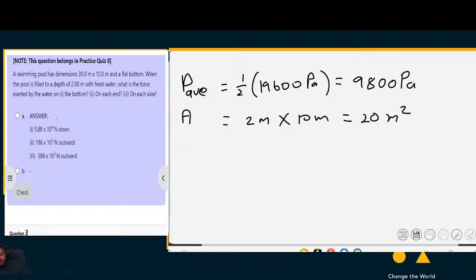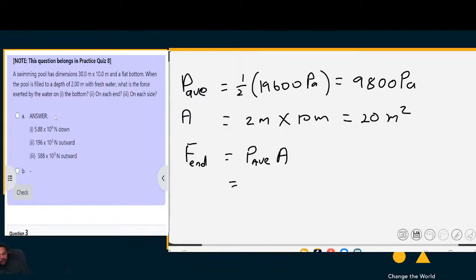So the force on the end wall is equal to the average pressure multiplied by the area.